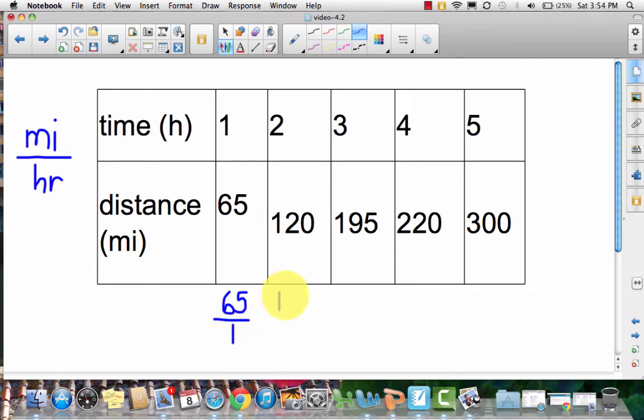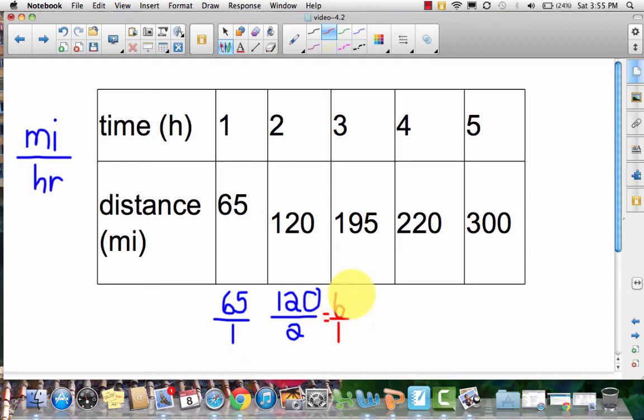120 miles in 2 hours, I want to simplify that so that I can figure out how far I go in each hour. In order to get a 1 in the denominator, I would have to divide by 2. And so this would become 1. And in the top, if I do 120 divided by 2, I get a 60.